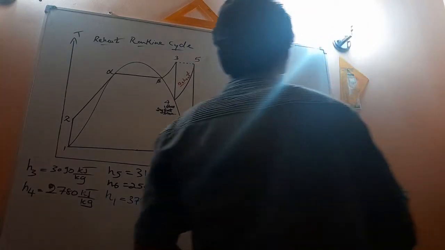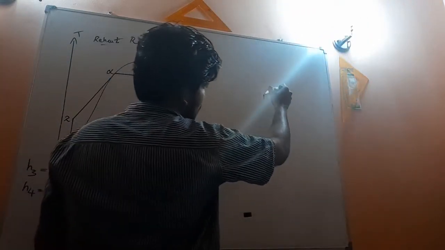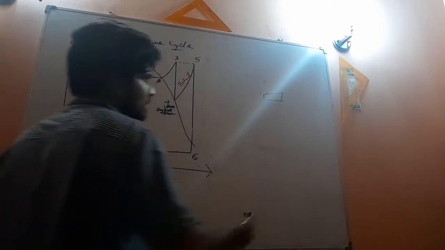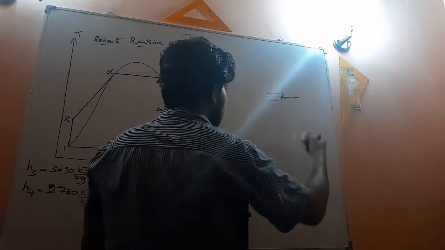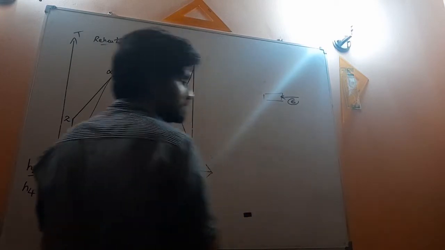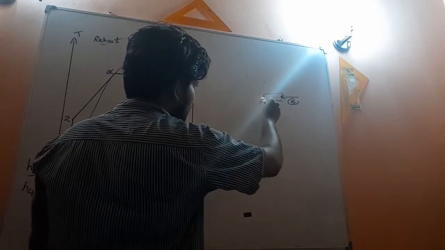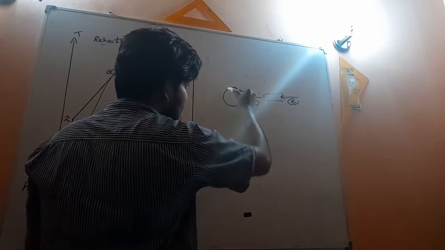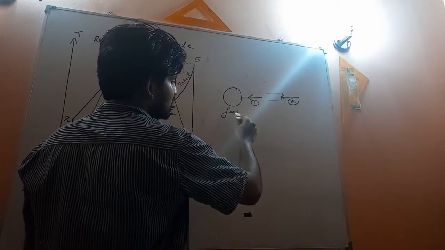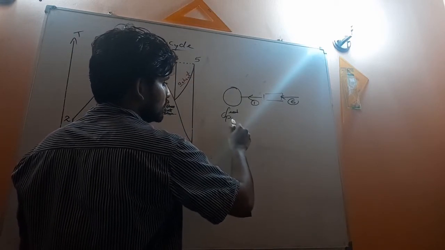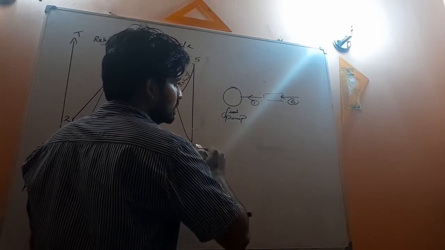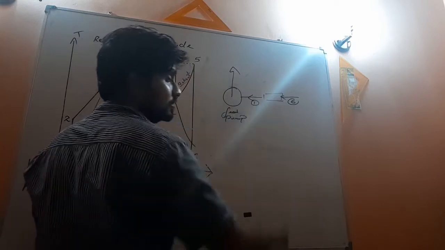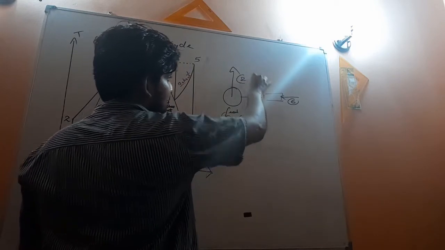So now you know state 6 is the input to the condenser. After the condenser you have state 1, that is the input to the feed pump. Then from the feed pump it pumps to the boiler, and that is state number 2.